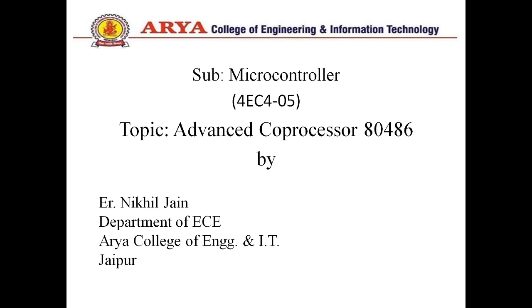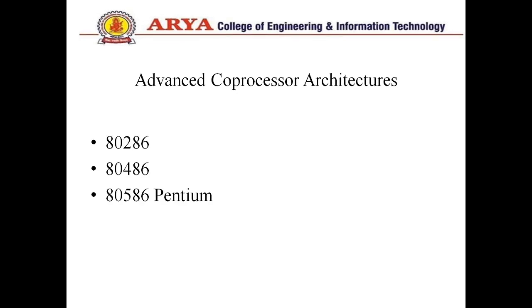Today we are going to discuss advanced coprocessors. It is covered in the subject microcontroller with code 4EC405 under the syllabus prescribed by Rajasthan Technical University, Kota. Today our topic is advanced coprocessor architectures.